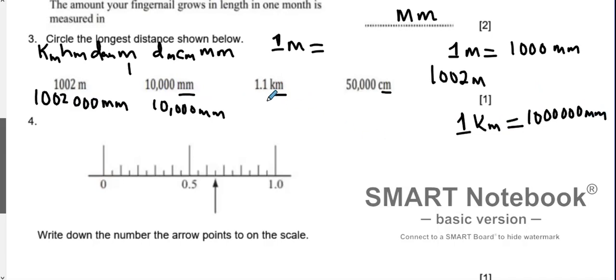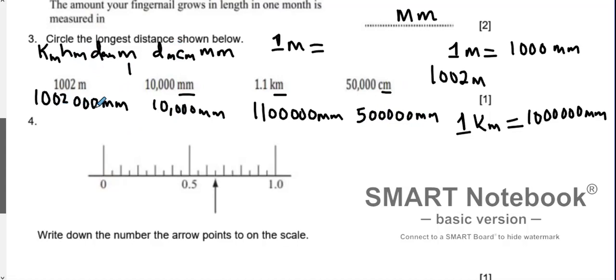So when you multiply by 1 million, you're going to have 1,100,000 millimeters. And 1 centimeter equals 10 millimeters. How about 50,000? So you're going to multiply by 10. So 50,000 and put 0 there, giving 500,000. Okay, now which one is the longest distance?